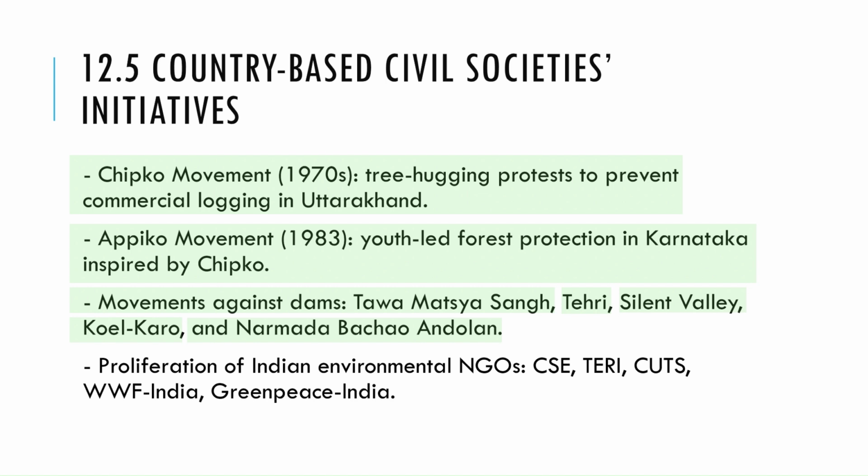Another key example is the Narmada Bachao Andolan, which began in the 1980s to oppose the Sardar Sarovar Dam on the Narmada River. Led by local villagers and supported by national NGOs, the movement brought attention to the human cost of displacement and the loss of cultural heritage.